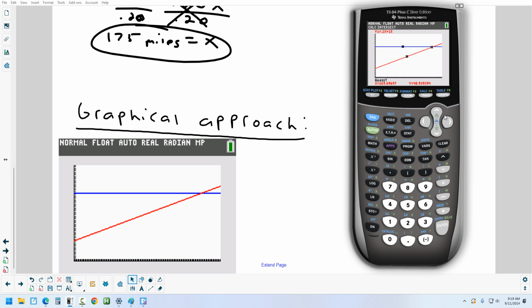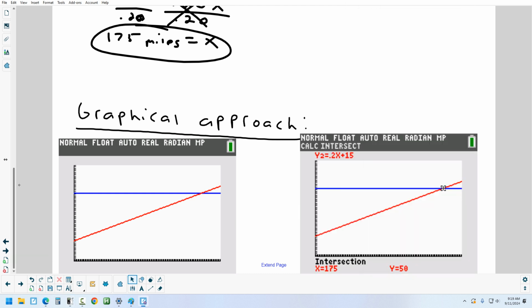And then hit enter one more time. If you did everything right, it should say for the intersection point, x equals 175. All right. So was anyone unable to get intersection x equals 175 to pop up?